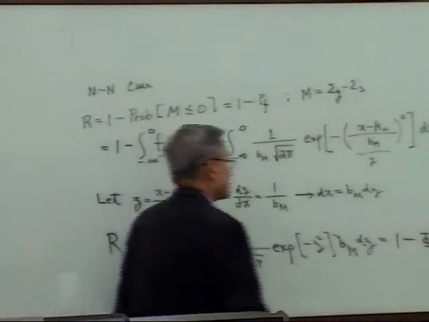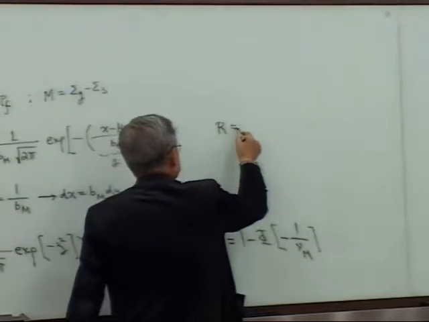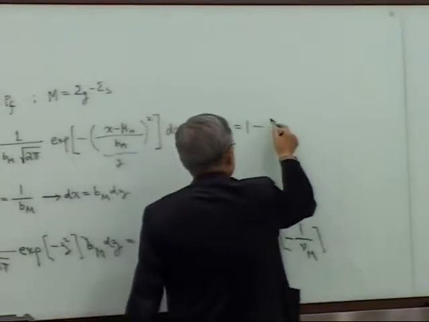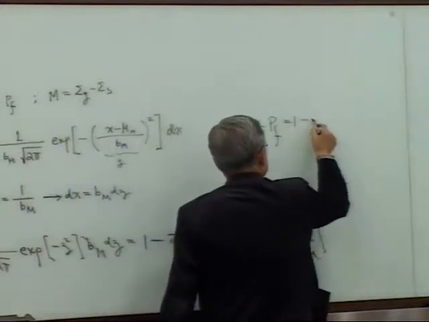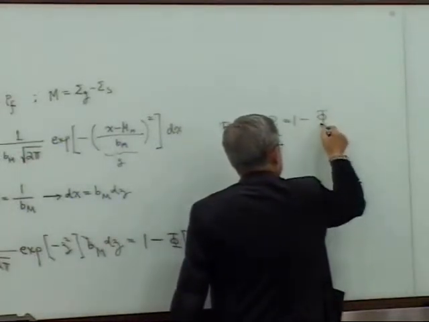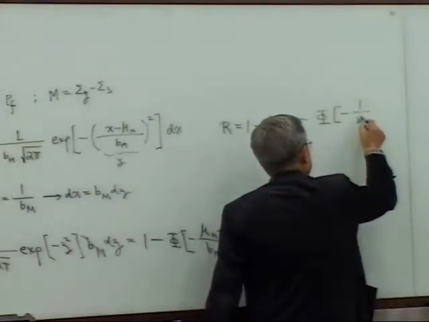So everything is squared away with the expression: reliability is equal to 1 minus P_F, important, 1 minus phi.